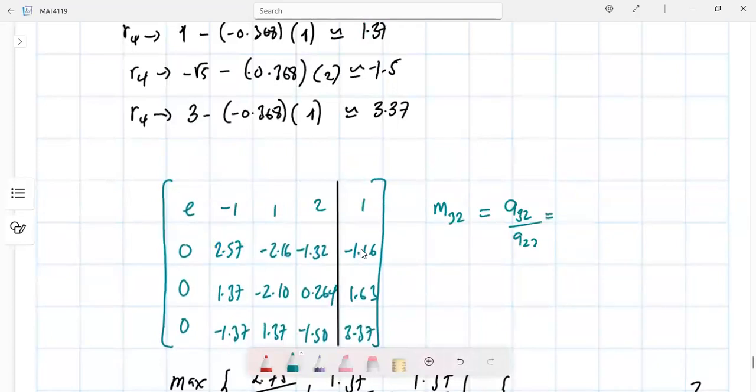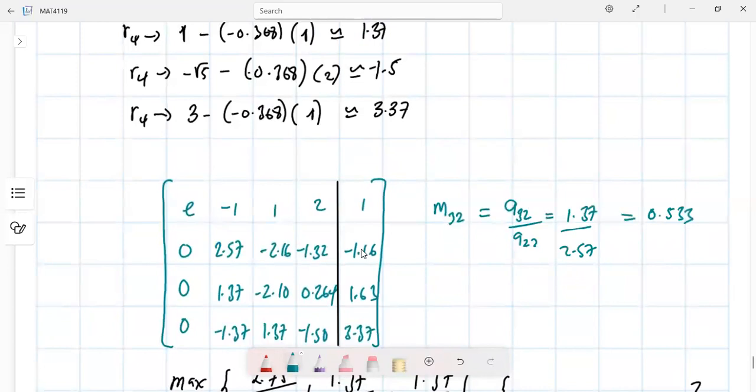So if we do that, I have 1.37 divided by 2.57. What do you get from this? We're getting about what? 0.533, right? So 0.533 is the scaling factor.